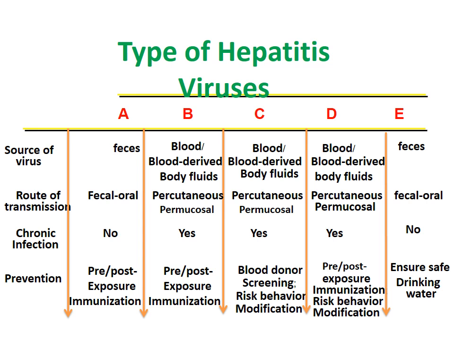Prevention is good in the case of hepatitis B virus. Pre and post exposure immunization is possible. But in the case of hepatitis C and D, there is no such immunity. So blood donor screening is necessary and risk behavior modification is necessary to protect from these infections.